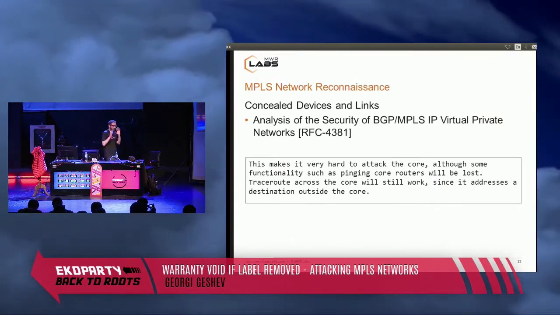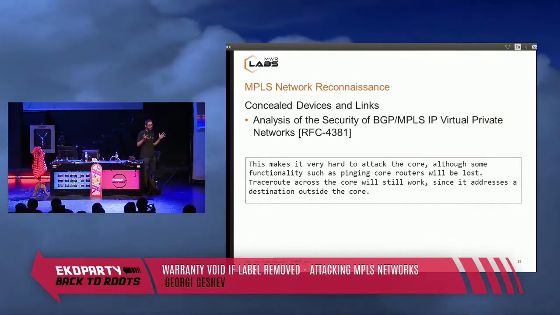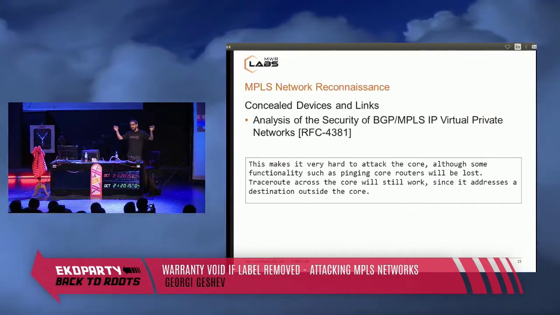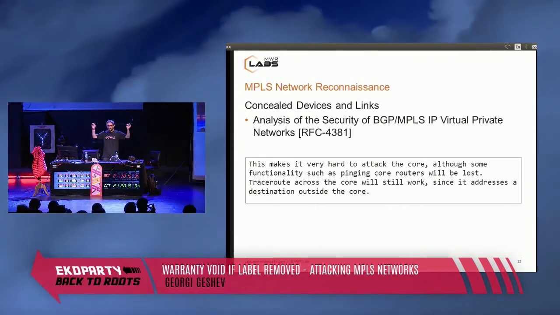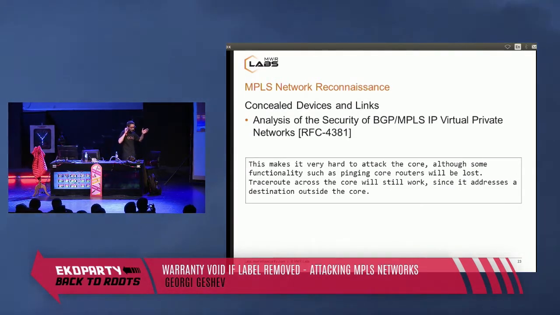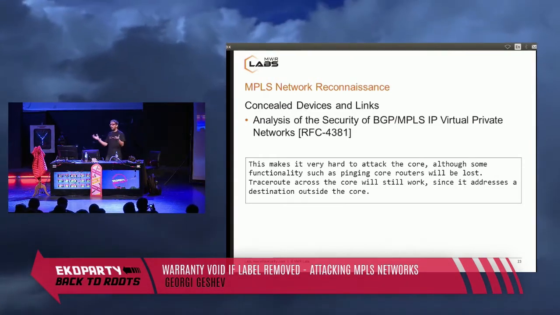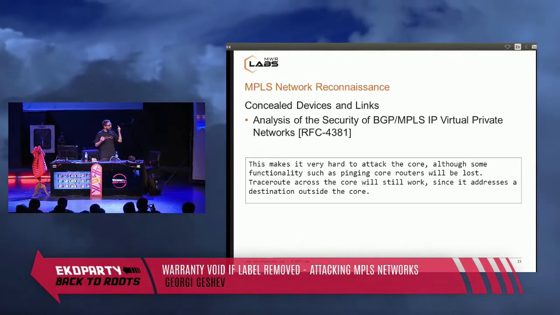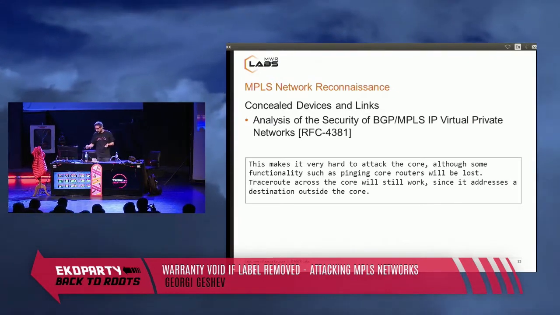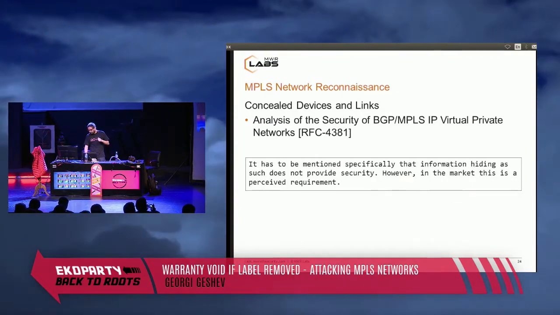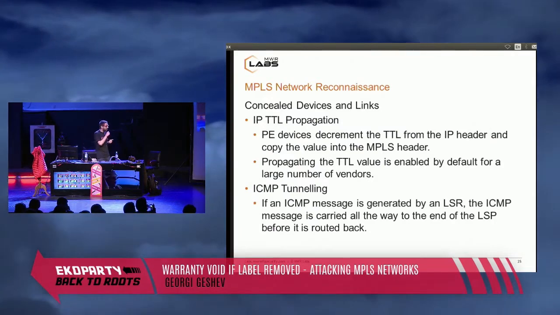Basically, this means that a customer should have no idea about the number of devices along the LSP, should have no idea about the labels being used within the MPLS domain, should have no idea about the IP addresses of these LSR devices. And how is this being achieved?